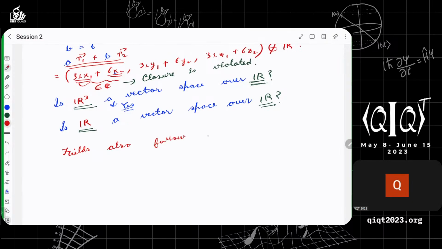If you want to learn more about what fields are, then I would refer you to the book by S.K. Mapa, I think the name is Higher Algebra, Linear and Abstract.